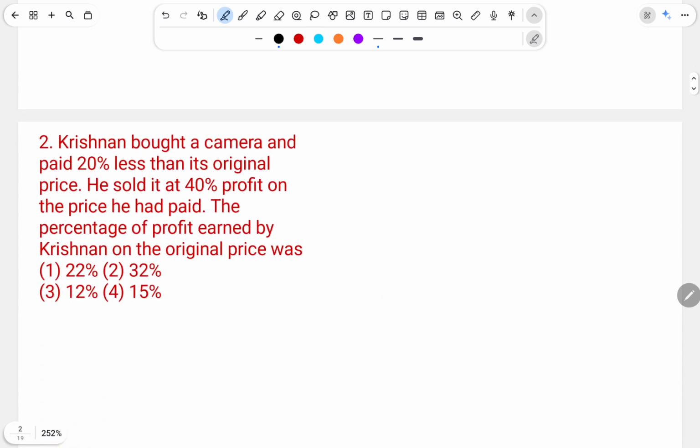Next, Krishnan bought a camera and paid 20% less than its original price. He sold it at 40% profit on the price he had paid. The percentage of the profit earned by Krishnan on the original price was... So Krishnan bought a camera and paid 20% less than its original price.